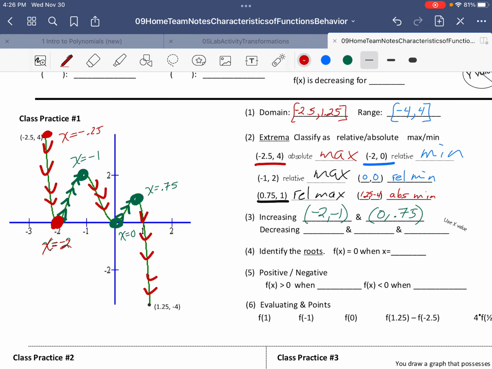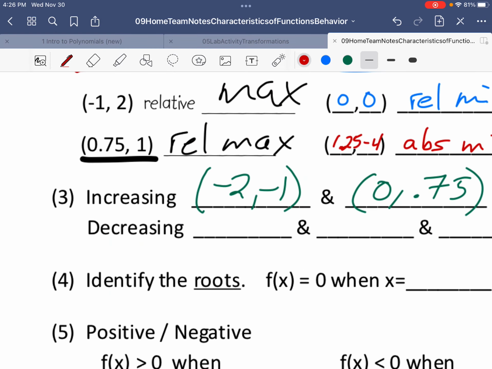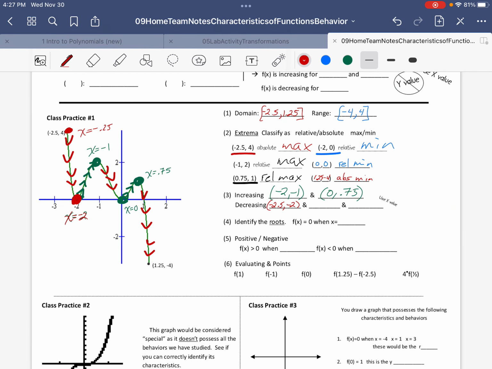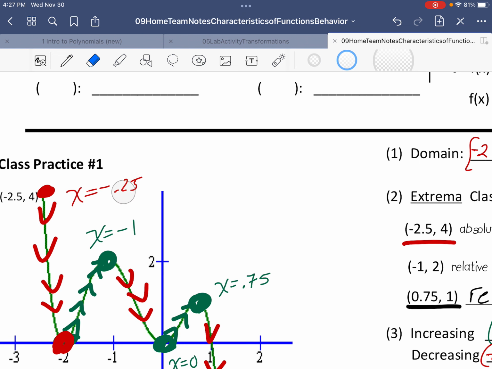So the graph is going down. It is decreasing between negative 0.25, excuse me, I said it right but wrote it wrong, negative 2.5 and negative 2. So the graph is going down. Oh, I did write it incorrectly here. Yeah, negative 2.5.